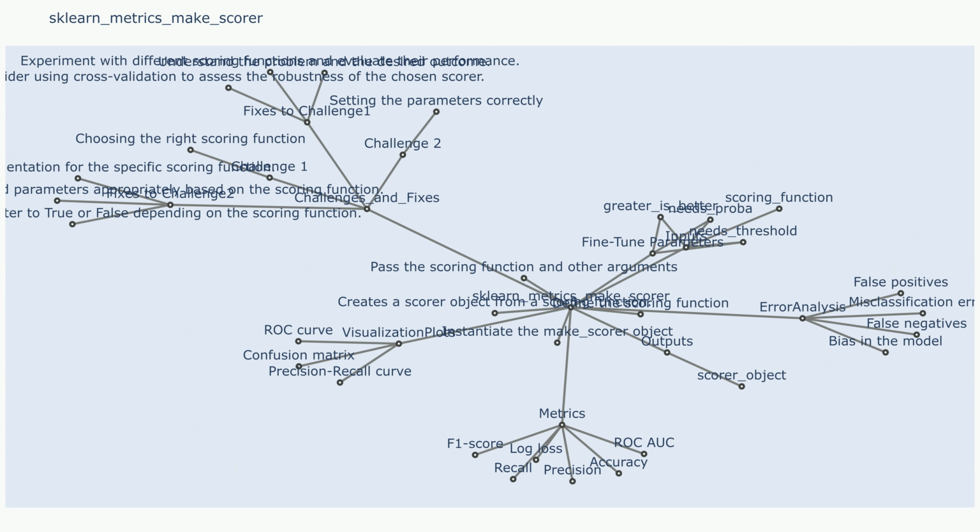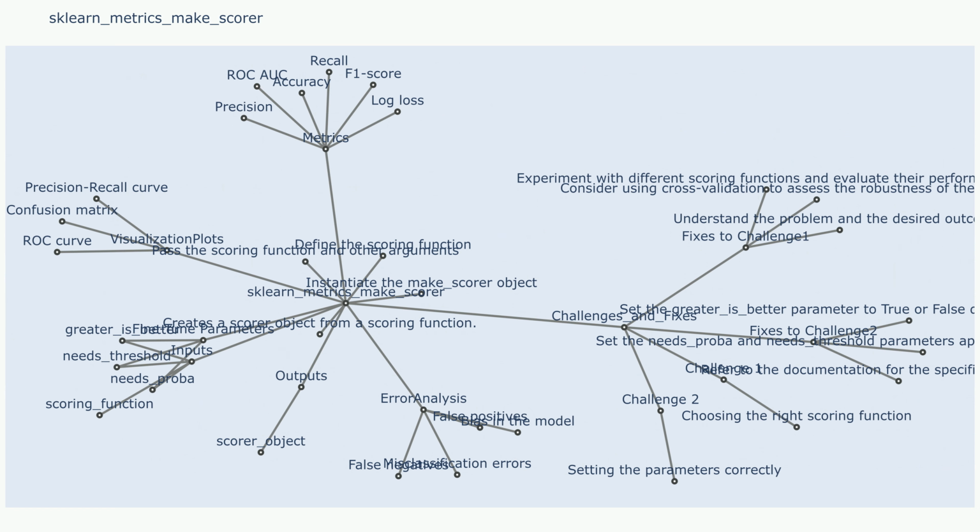Steps: the make_scorer function takes a callable score_func and optionally other parameters. It wraps the score_func within a new function that handles additional requirements like probability predictions or thresholds if specified. It sets the greater_is_better flag to indicate whether a higher score is desired.